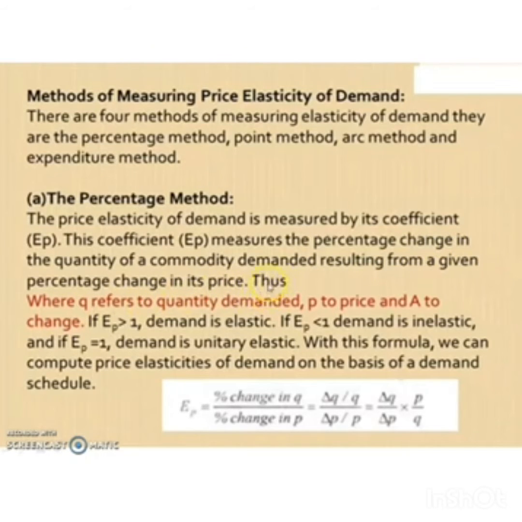Thus, where Q refers to quantity demanded, P to price and Δ to change, the equation is that price elasticity of demand is equal to percentage change in Q, quantity demanded, divided by percentage change in price. That is the equation of measuring price elasticity of demand.